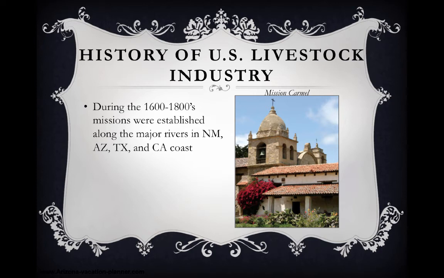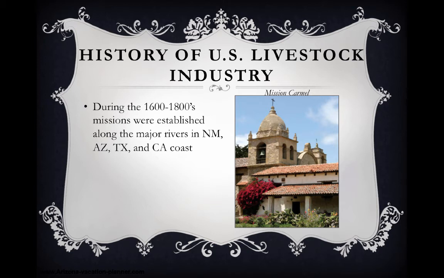All right, so in terms of California, even though we saw a few of those animals come up through Arizona, New Mexico, and Texas actually make it to California, the big push in the West was the development of the missions. And this happened between the 1600s and the 1800s. These missions were established along major rivers in New Mexico, Arizona, Texas, and California.